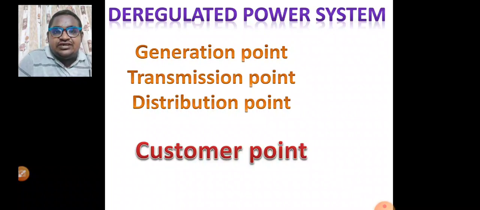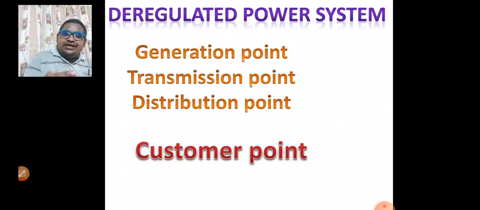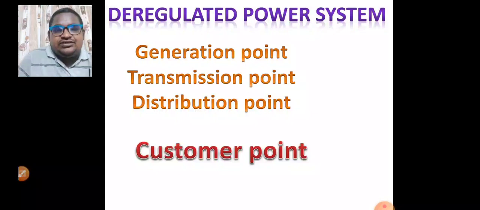That is the deregulated power system subjected to the transmission point. And for distribution, from the generation we can directly distribute, from transmission we can directly distribute, or after the transmission we can build one distribution system and distribute from there also.